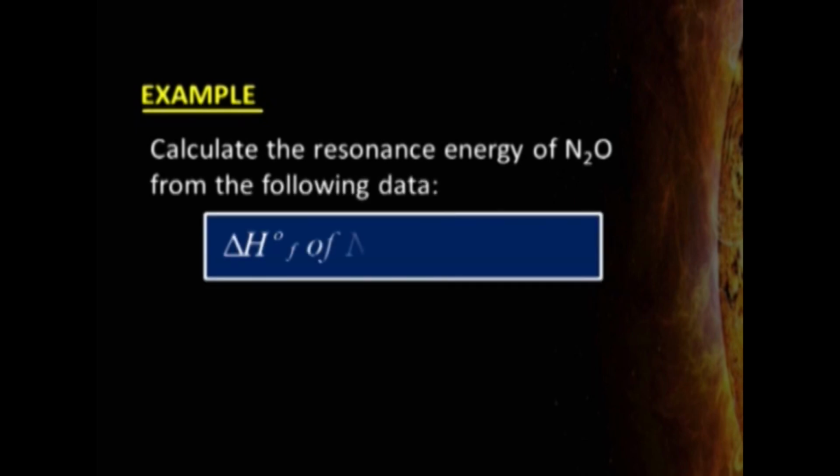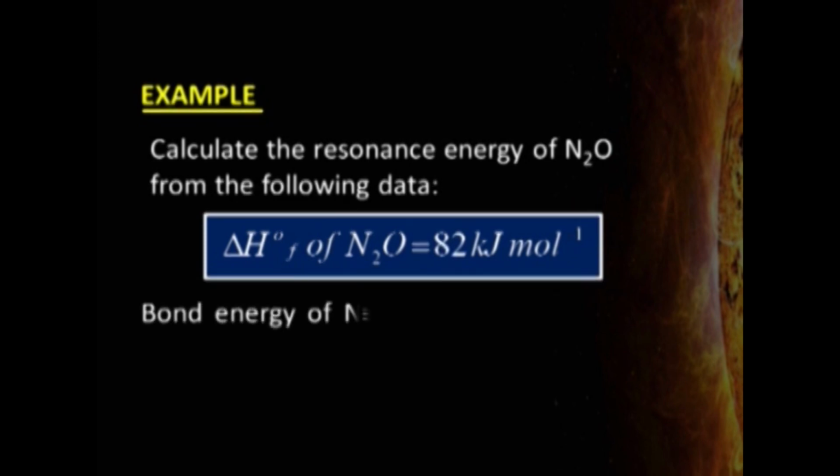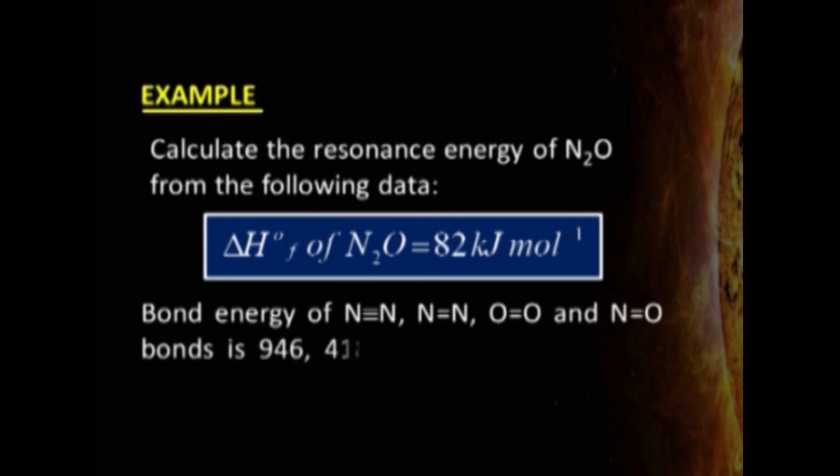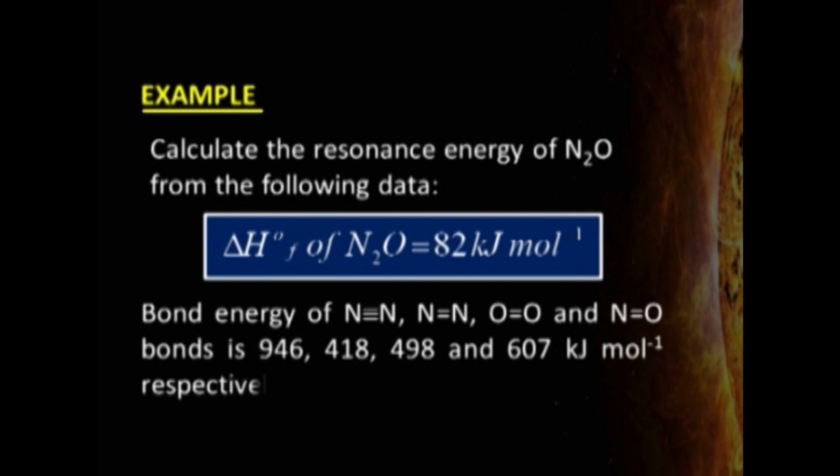Calculate the resonance energy of N2O from the following data. Delta H naught formation of N2O is equal to 82 kilojoules per mole. Bond energy of nitrogen triple bond nitrogen, nitrogen double bond nitrogen, oxygen double bond oxygen and nitrogen double bond oxygen bonds is 946, 418, 498 and 607 kilojoules per mole respectively.